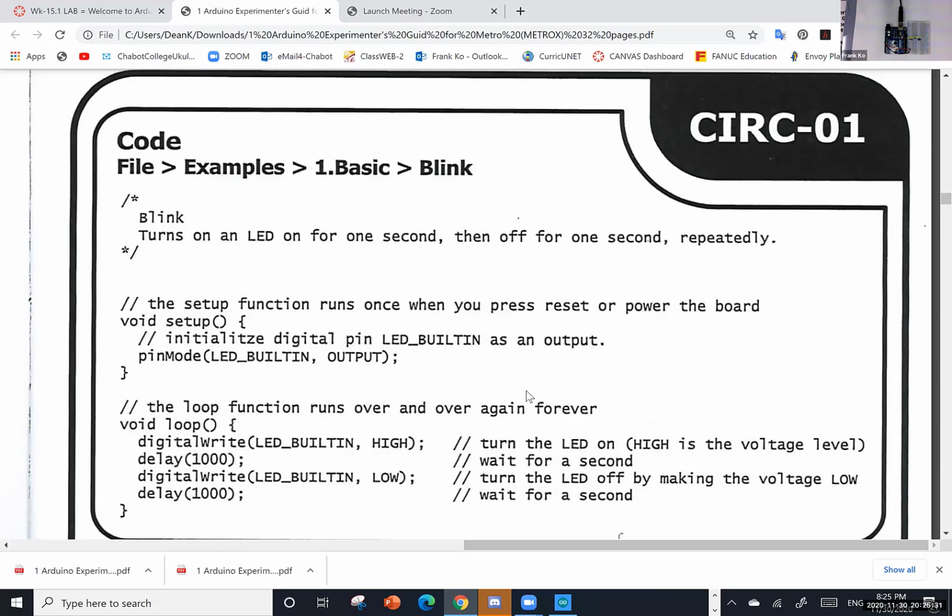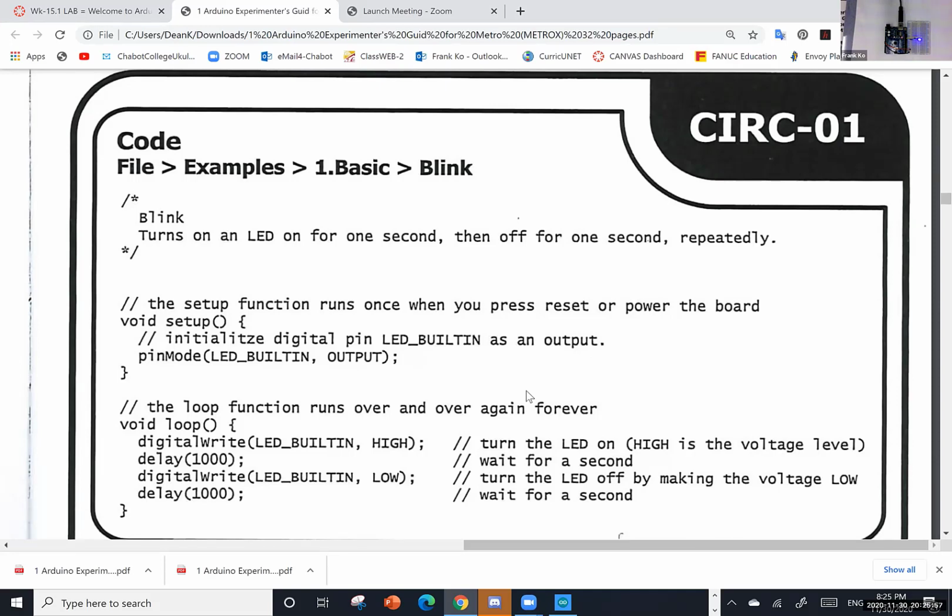So this is blink. What does blink do? This is one way of doing a comment. A slash with a star creates a comment section. A slash with a star begins a comment section, and a star with a slash closes it. So all of this is just for the user. It tells you, or somebody looking at your program, what the purpose of the program is.